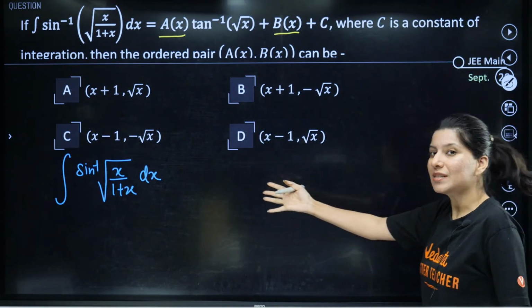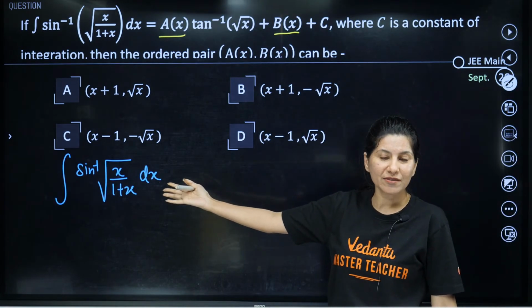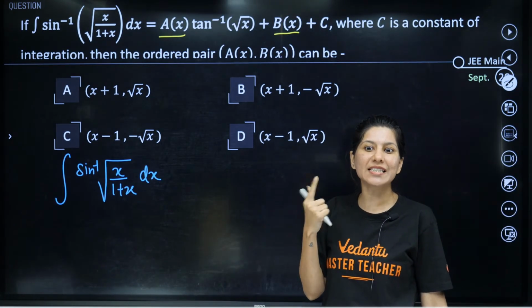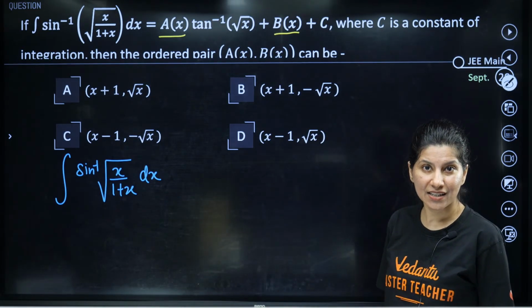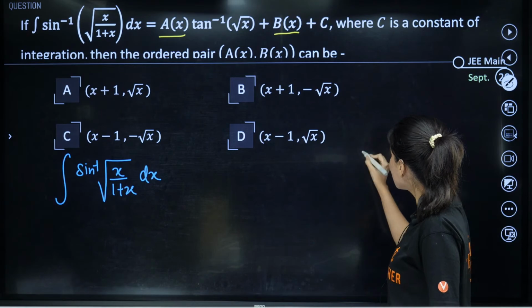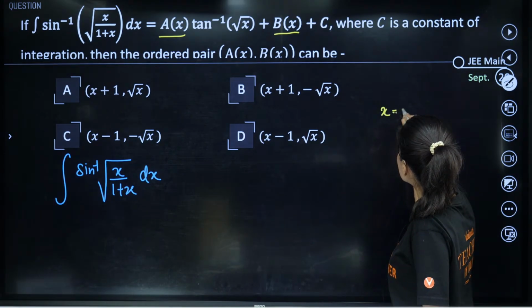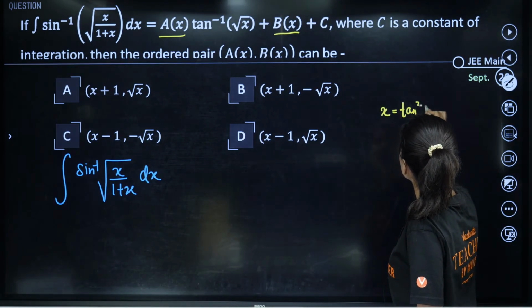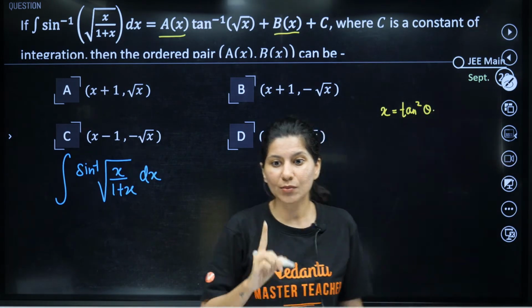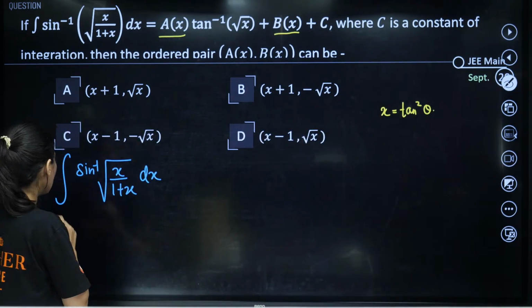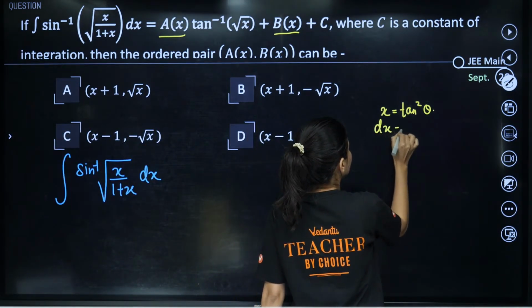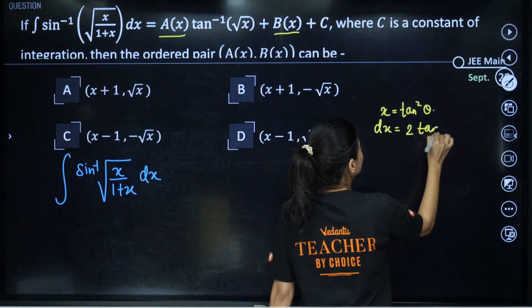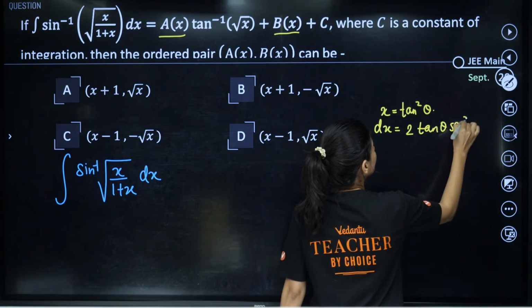Whenever you see inverse trigonometric functions, always think about substitution. The moment I see 1 plus x, my x should be substituted as tan square theta. If I put x equals tan square theta, my dx will become 2 tan theta sec square theta d theta.